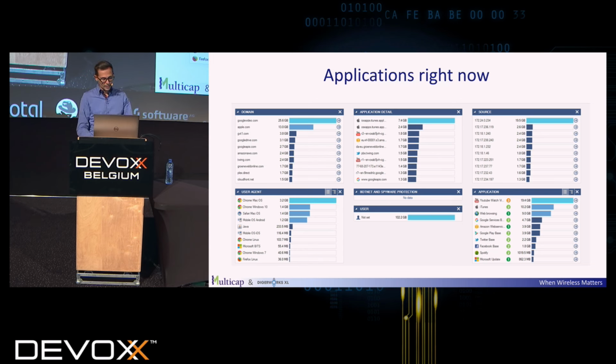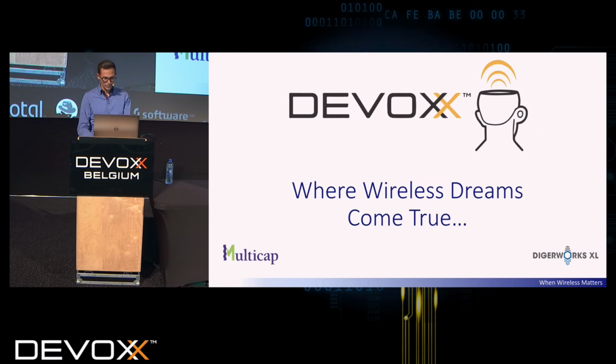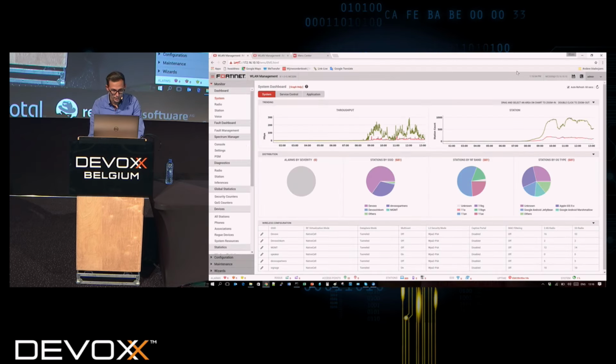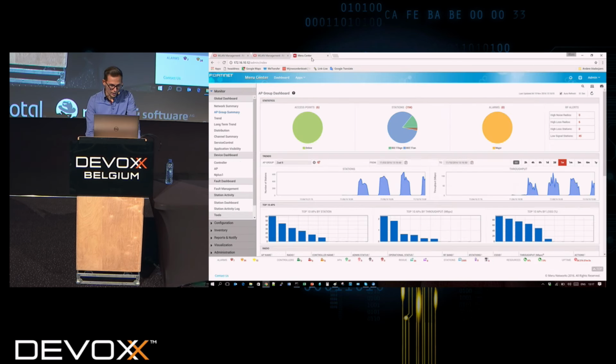And rather than boring you to death with all of these things, I want to show you some stuff in reality. So this is, for instance, the interface of the controller, but that shows only daytime data rather than the entire week. If we have a look at the EasyRF Network Manager, we can look back in time and see the actual division of clients over the last couple of days, where you see that we had the biggest peak yesterday.